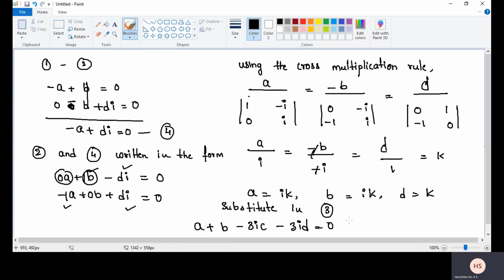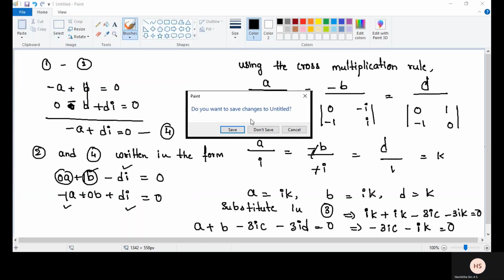Now substituting here, that implies ik plus ik minus 3ic minus 3ik is equal to 0. Minus 3ic, 2ik minus 3ik is minus ik, that is equal to 0.